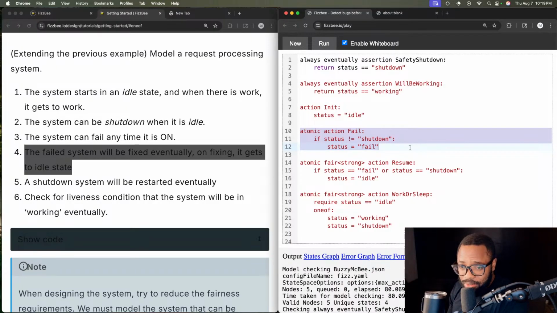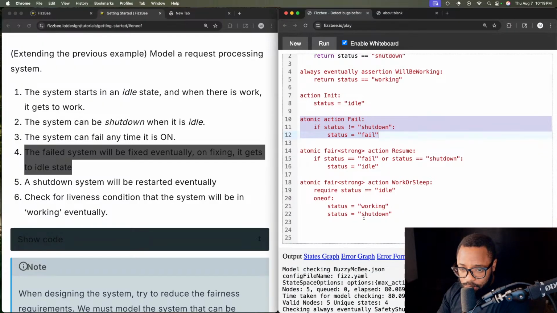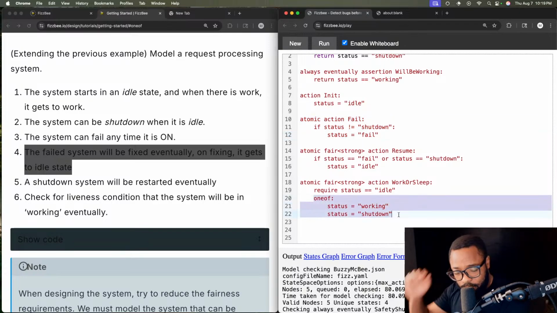So you will satisfy one, the working one, but not the shutdown one. So I guess this is the part where maybe the one-off thing is not great, or it's not a good thing to include. Maybe I do need to break this down into two different actions.